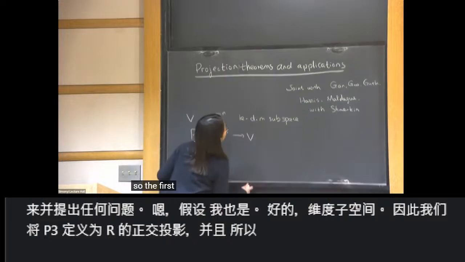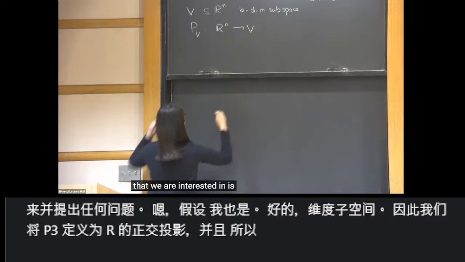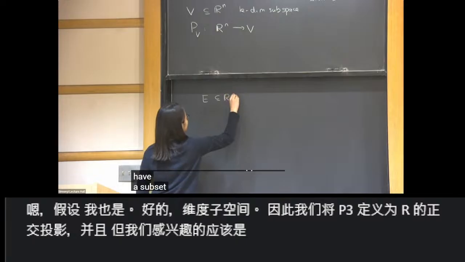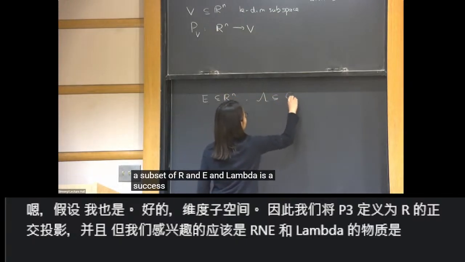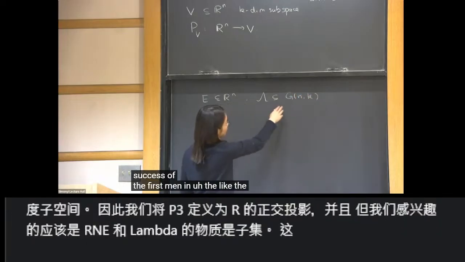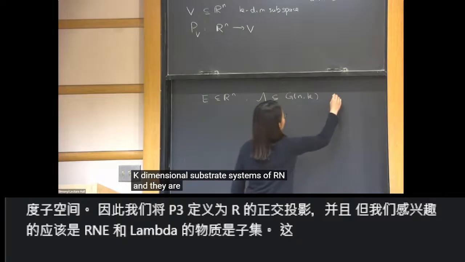So the question that we are interested in is, suppose we have a subset E of Rn, and lambda is a subset of the Grassmannian, a set of k-dimensional subspaces of Rn, and they are both compact.